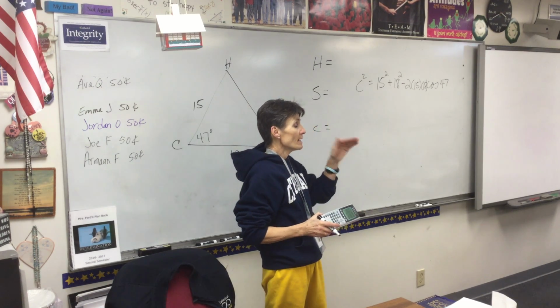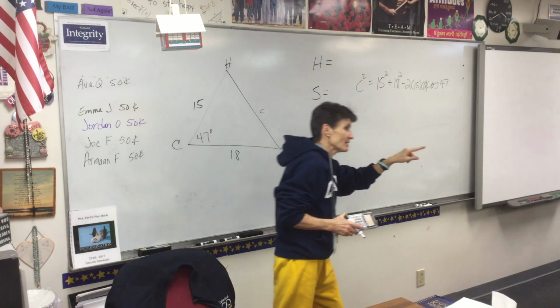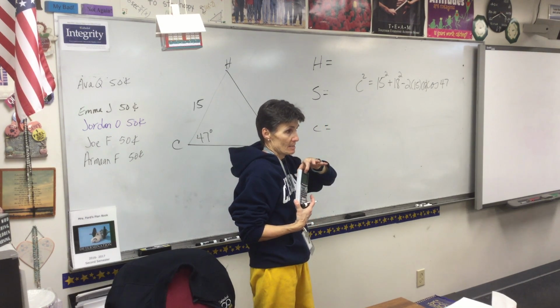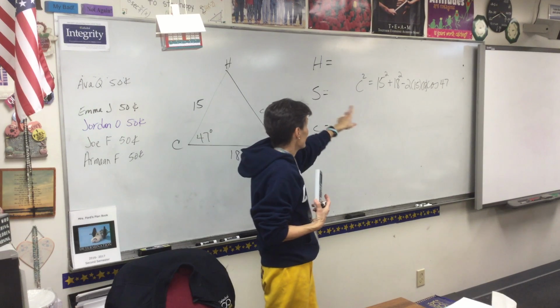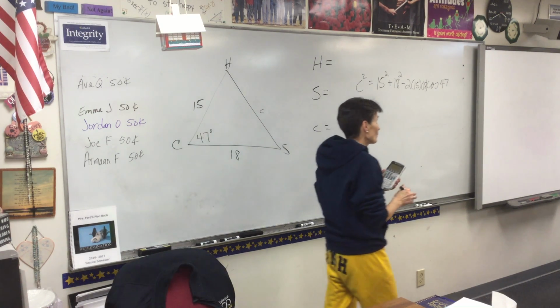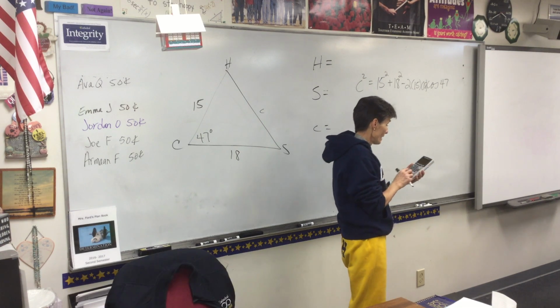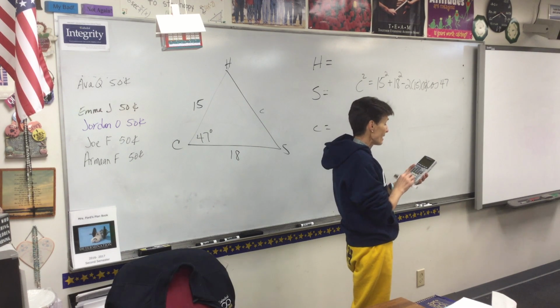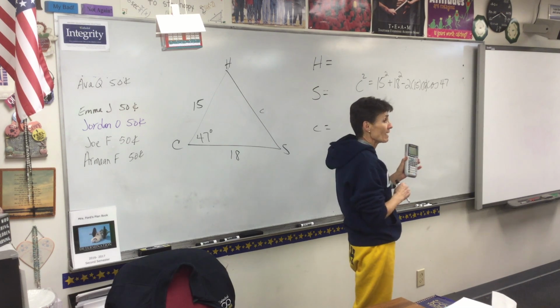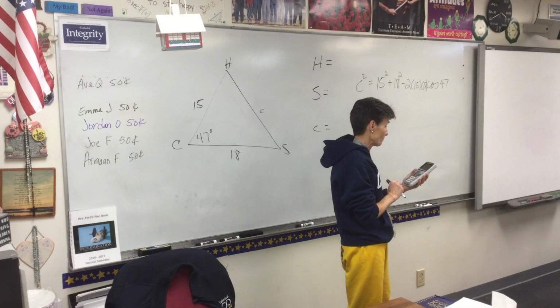Now, when you hit equals, you don't have the answer yet. What is that? That is C squared. So now we have to take the square root of that number. When I do it, I hit my square root key and then second answer. And it pulls that right down and I don't have to retype it in.